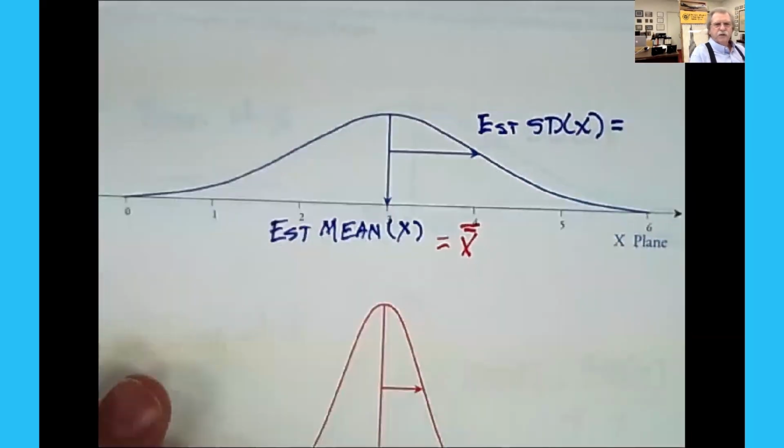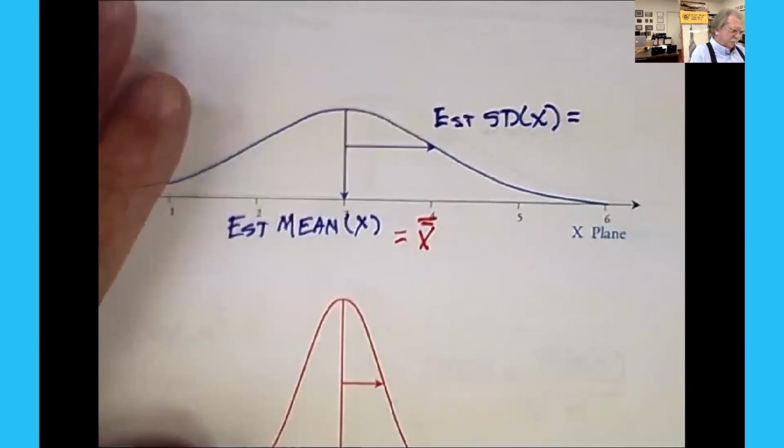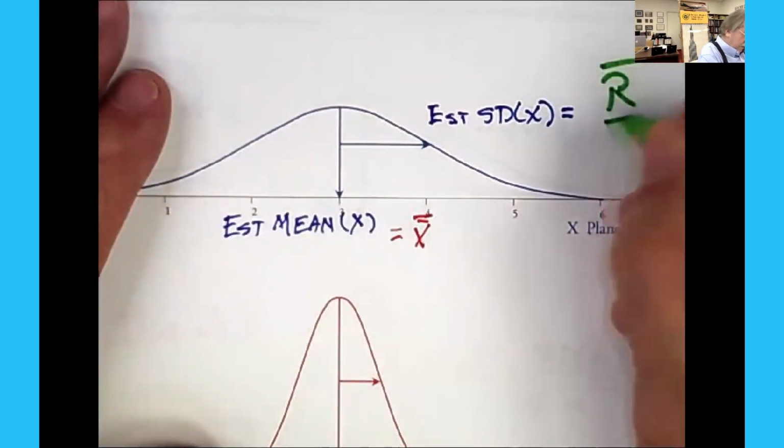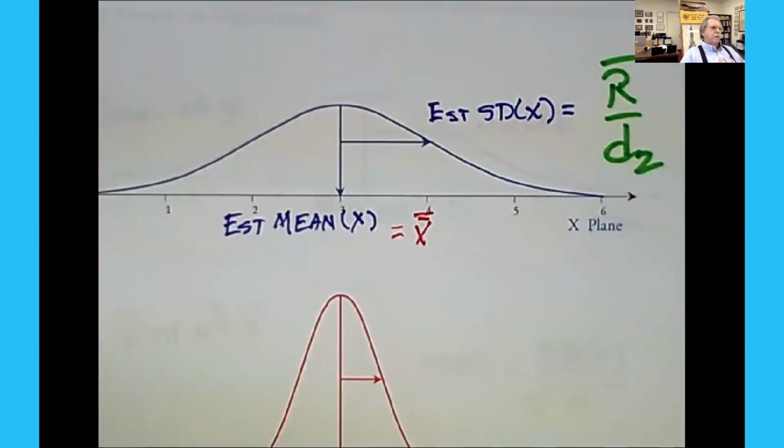I want you to use the bottom equation on page 24 and the bottom equation on page 25 and figure out what we can use to estimate the standard deviation for x. We use R bar divided by d2. So that's a number we can compute.